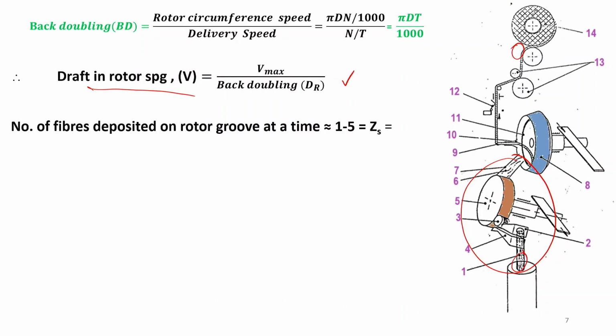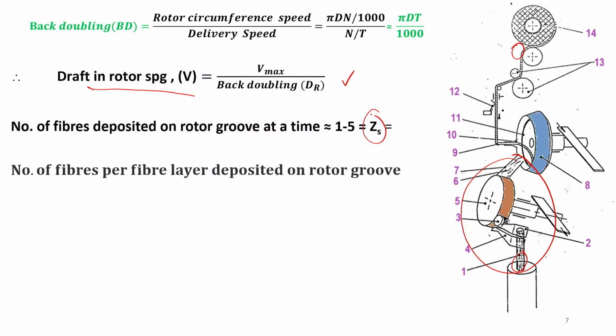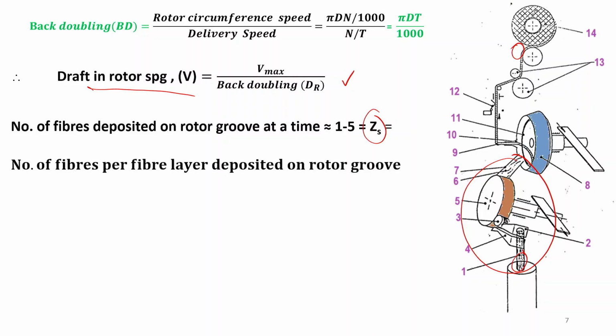The number of fibers deposited in the rotor groove is typically 1 to 5, that is Z. The number of fibers per fiber layer deposited in the rotor groove will be Z. That is the total number of fibers in the yarn cross section divided by back doubling. From the back doubling relationship, we also know that the total number of fibers in the yarn cross section divided by back doubling gives the number of fibers in the rotor groove.